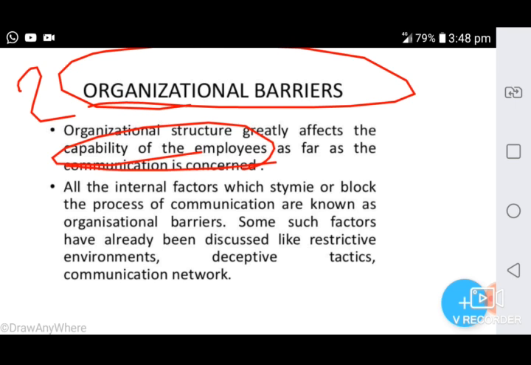It includes strict rules and policies, complex organizational structure, loss of message as it passes from one level to another, and poor organizational culture or climate. This is called organizational barrier.